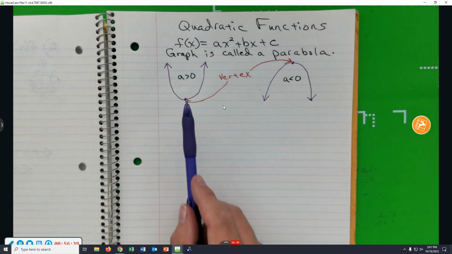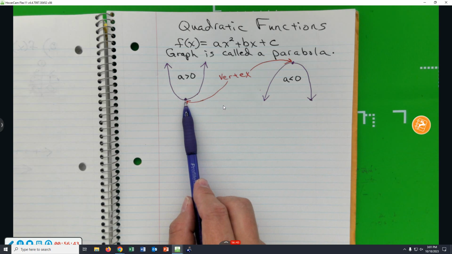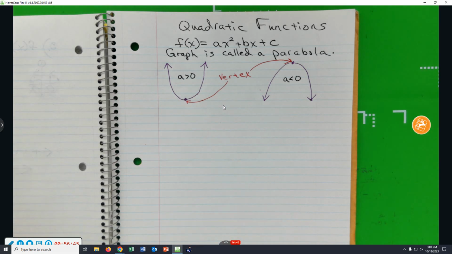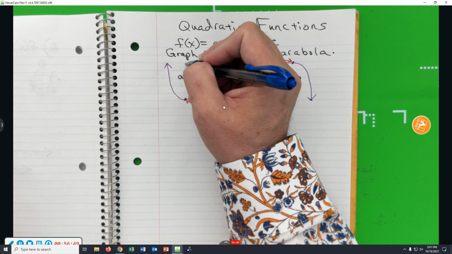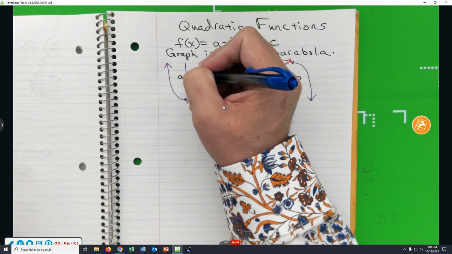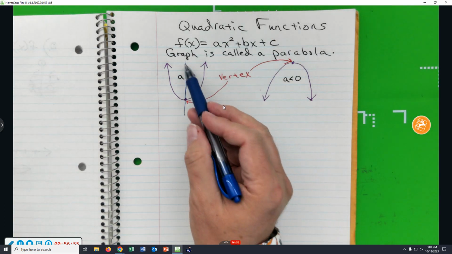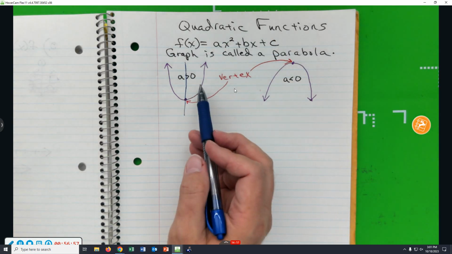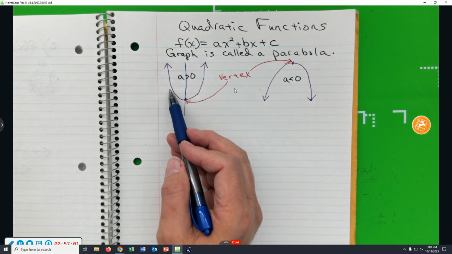These things are symmetric. If you were able to draw a vertical line that passed through the vertex and then folded the paper down that line, the right-hand side should lie directly on top of the left-hand side.